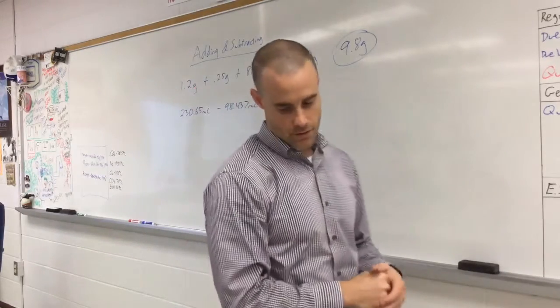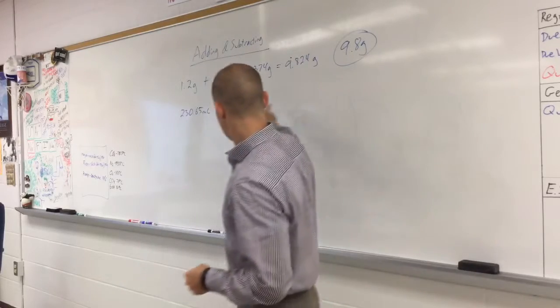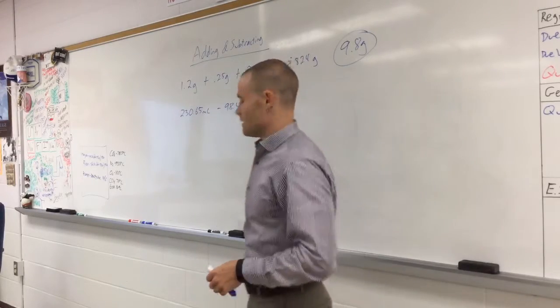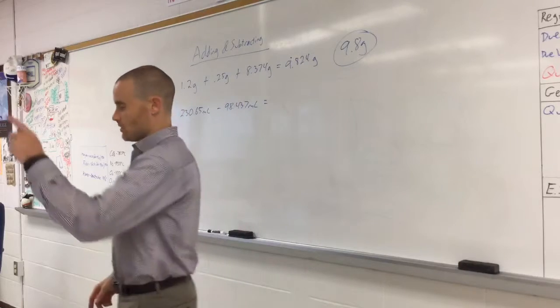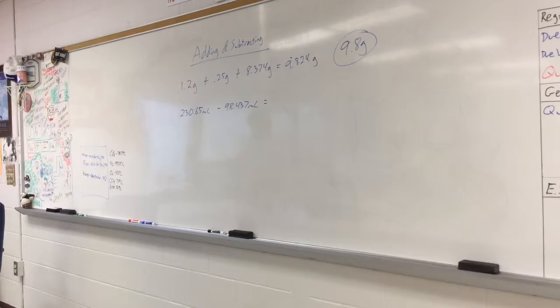Actually, I have a better idea. After we go over this, I'll tell you what the answer is. I'll have you pair up and discuss what the rule is. That's better. Then you can teach each other, assuming someone knows what they're talking about.